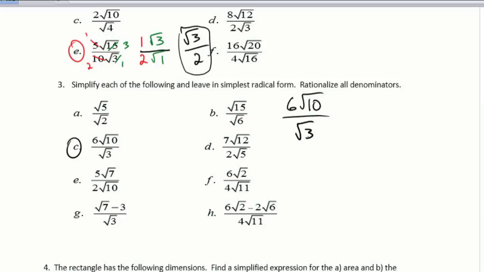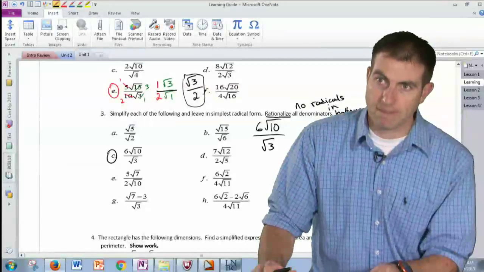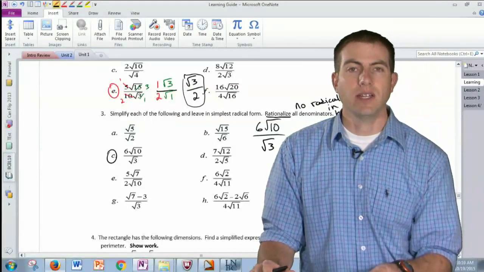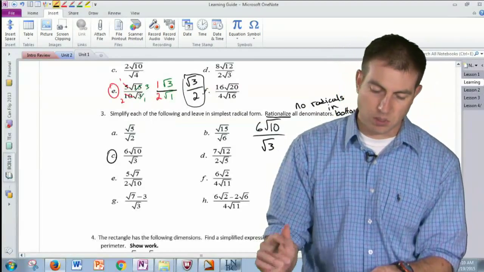All right. Now, rationalize the denominator means no radicals in the bottom of the fraction. Gotta get rid of the radicals in the bottom. How can I do that? It's kind of like when we're dealing with simplifying fractions.